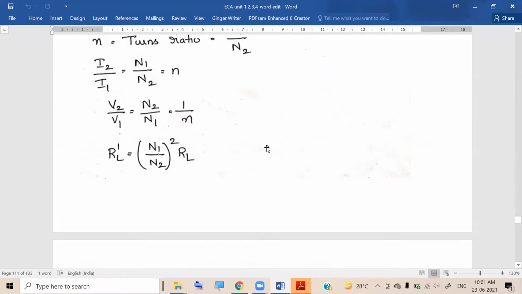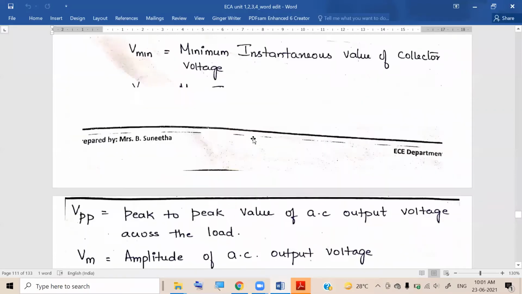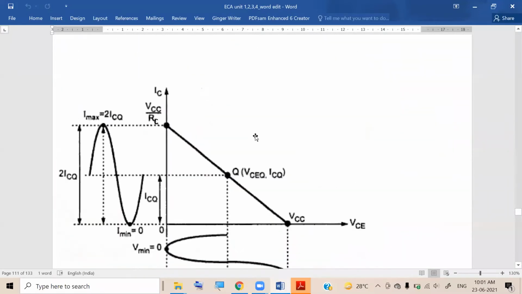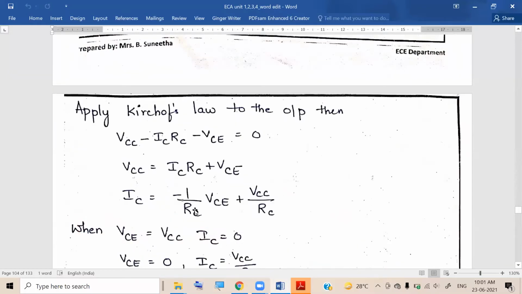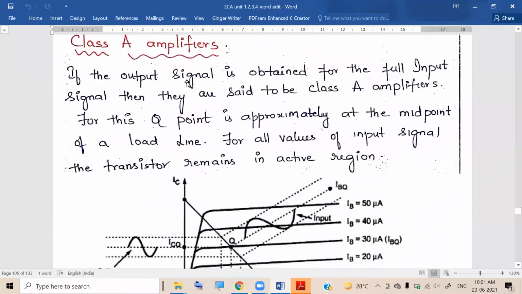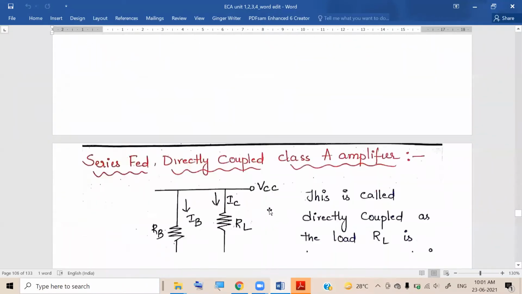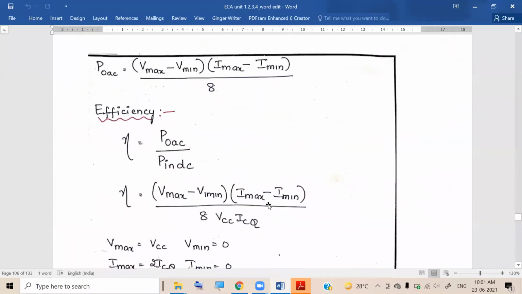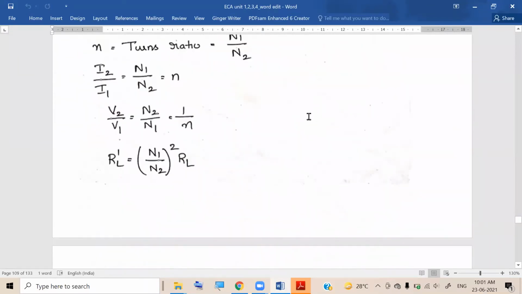When the resistance was RC in the previous case, the slope that we got was -1 by RC. So the slope now will be -1 by RL dash. The direct coupled, series fed class A amplifier has a similar slope.